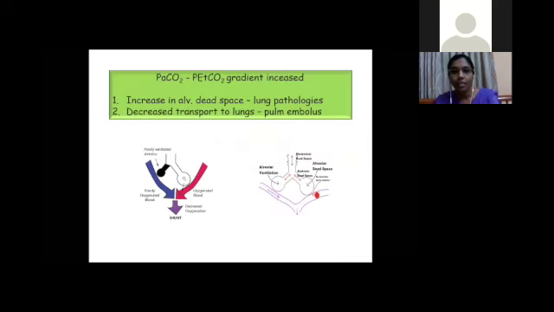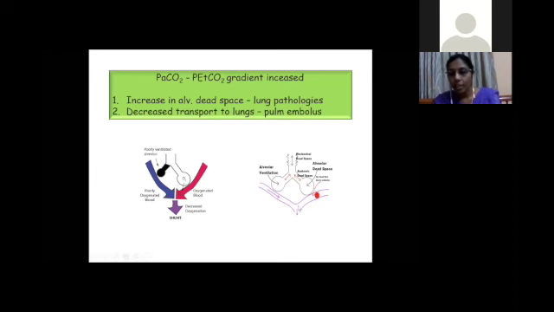There can be certain conditions in which this gradient between the arterial and end tidal concentration increases. It can happen in case of lung pathologies, like if we have an alveoli which is not adequately ventilated, then the pulmonary blood flow that is crossing these alveoli may not be able to release carbon dioxide into the alveoli, and this gets added to the oxygenated blood or the blood that has released carbon dioxide.